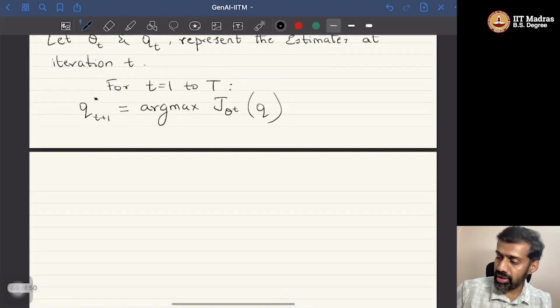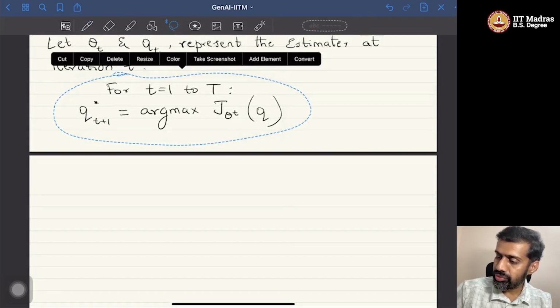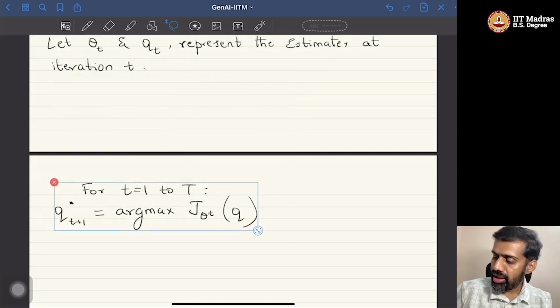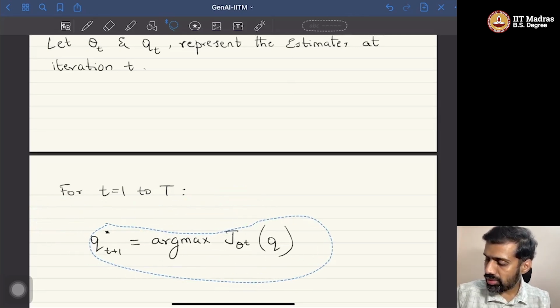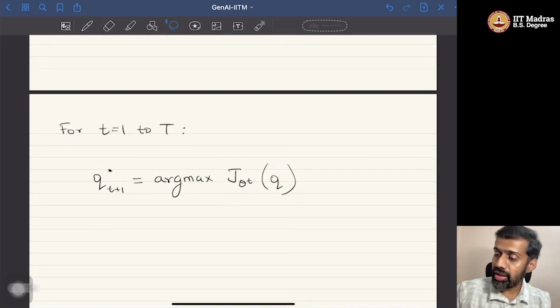So the algorithm is the following: you just start arbitrarily, and for t equal to 1 to capital T, which is the iteration number, we first keep theta a constant and find the corresponding q, the next q, by keeping theta a constant.